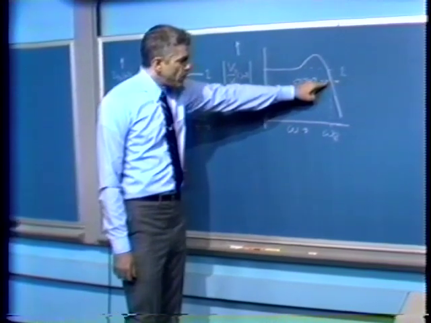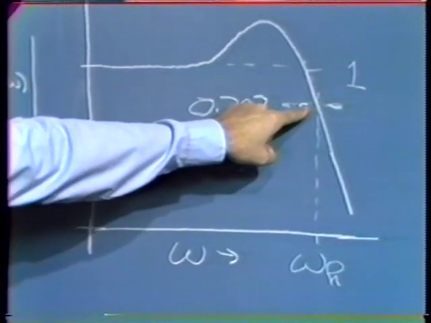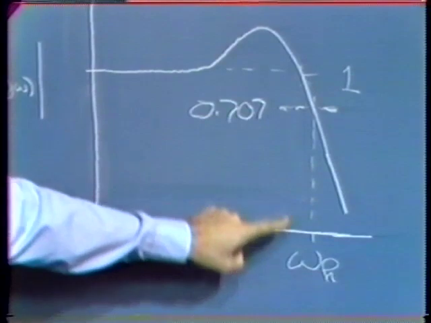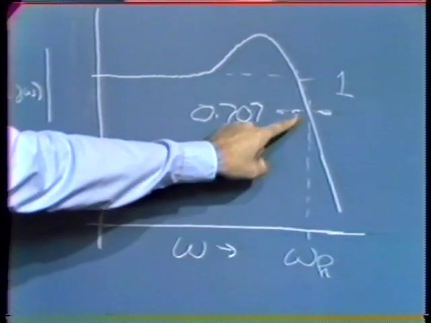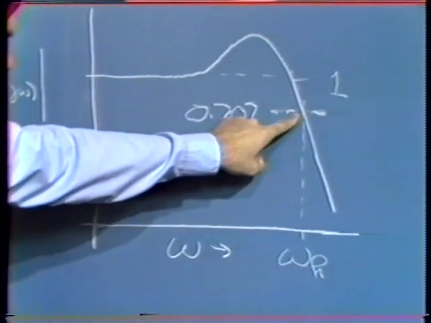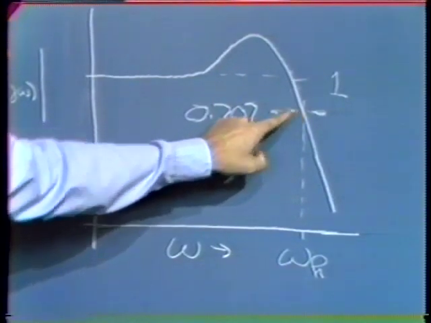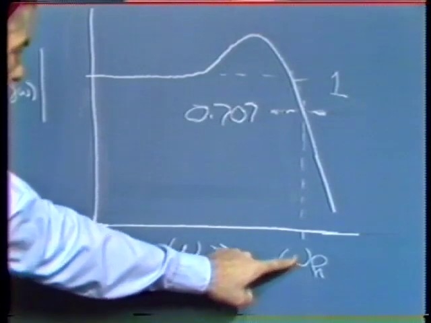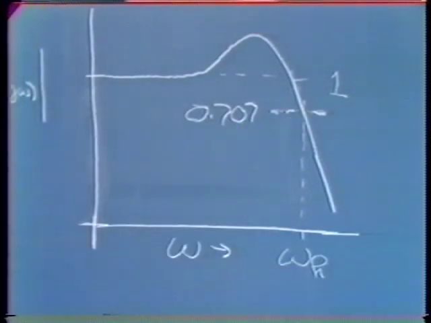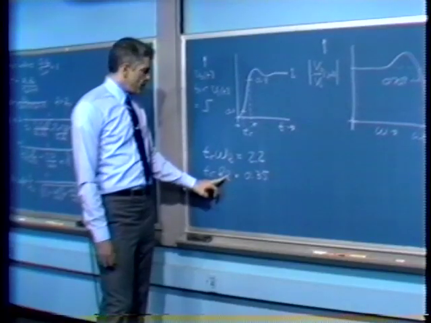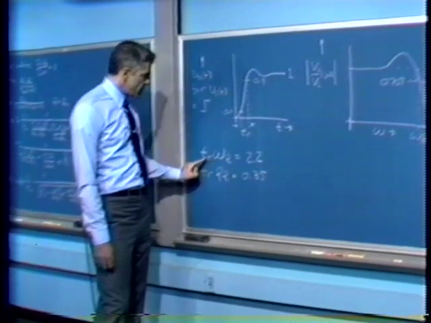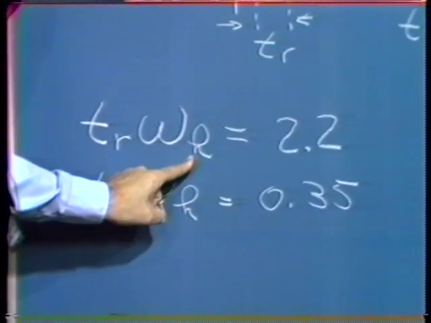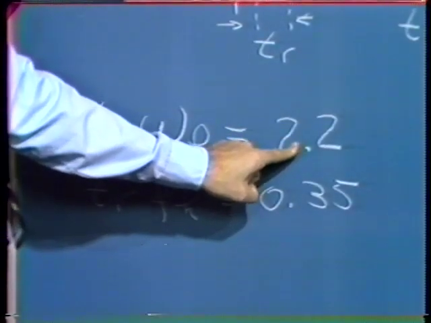If we define the 10% to 90% time as the rise time of the system, TR, and we compare that with a measure of speed of response in the frequency domain, in particular omega h, the so-called half power frequency, where the magnitude of the transfer function has dropped to 0.707 of its low frequency value, then for virtually any system that has a frequency-independent low frequency gain, the product of the rise time times the half power frequency is about equal to 2.2.